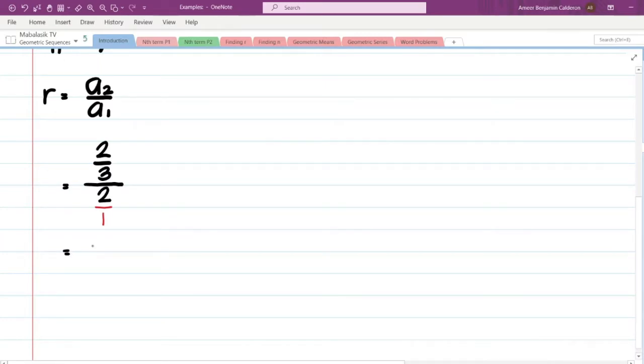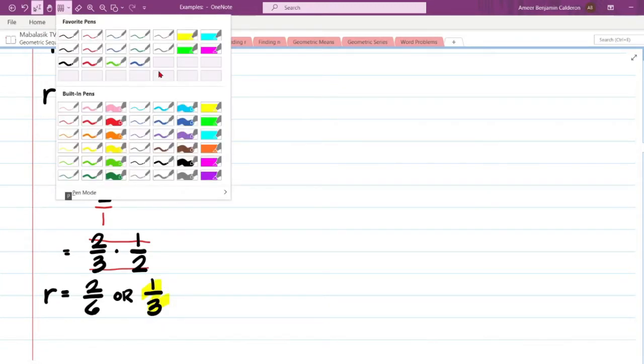This will now be 2/3 times the reciprocal of the denominator, that is going to be 1/2. And then just proceed to multiplication of the numerators and the denominators. And that is our common ratio, 2/6, or in simplest form, 1/3. So our common ratio is 1/3.